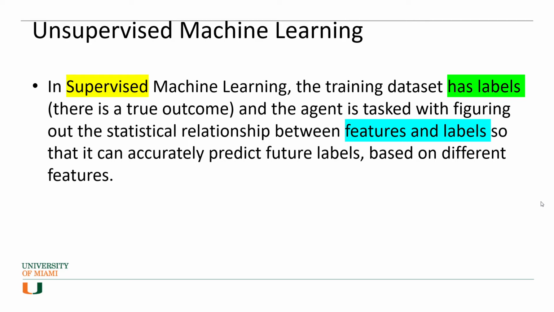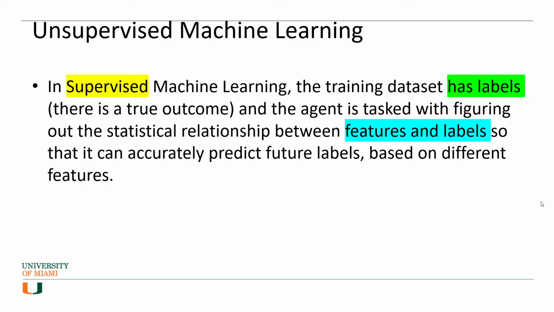And when we design a machine learning algorithm, our objective is to figure out the relationship between the set of features and that particular outcome or those particular labels, right? So that we can accurately predict the future labels based on different features in our data set for testing or when you're actually implementing the machine learning algorithm in real life.